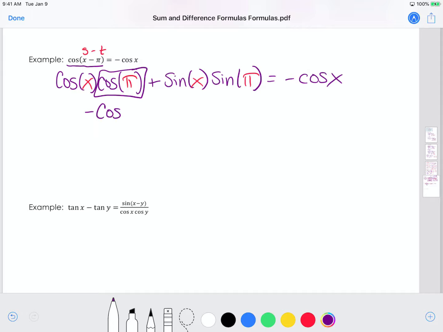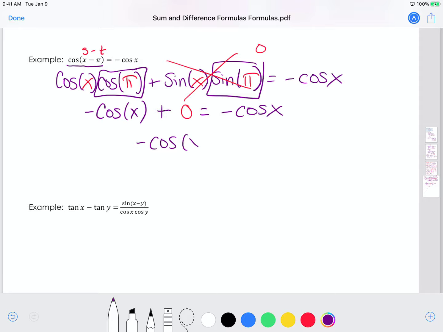So I have negative cosine x. Sine of pi is 0. And when I take 0 times sine x, this whole thing disappears because it's plus 0. And when I take negative cosine x and add 0, I certainly get negative cosine x. So this one works as well.